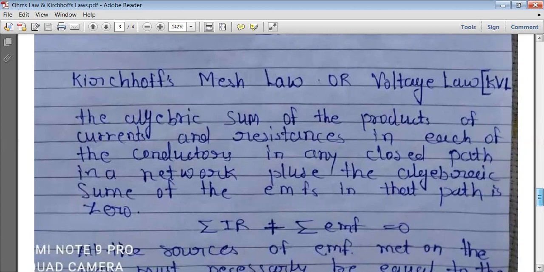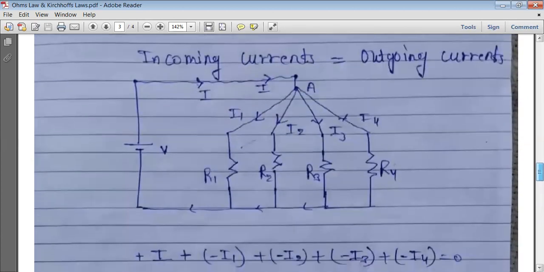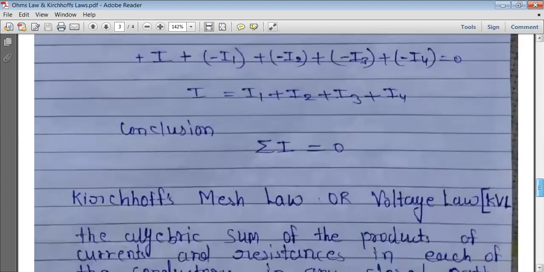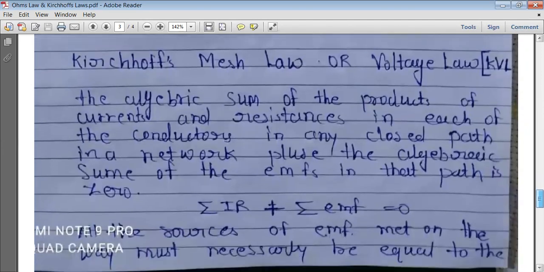This definition can also be understood from this diagram. The summation of I into R plus the summation of EMF, that means all the remaining branches, is equal to 0.